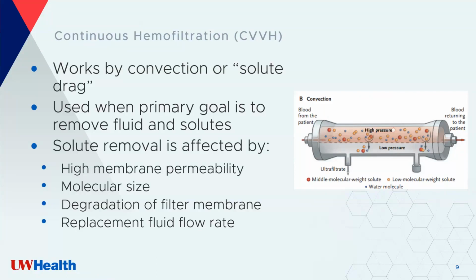Because it works by convection, as long as the solutes are able to physically pass the membrane, they are able to be cleared, but solute removal can also be affected by membrane permeability, molecular size, degradation of the filter membrane, and the replacement fluid flow rate. So the faster the flow rate, the more solutes and fluids would be cleared.